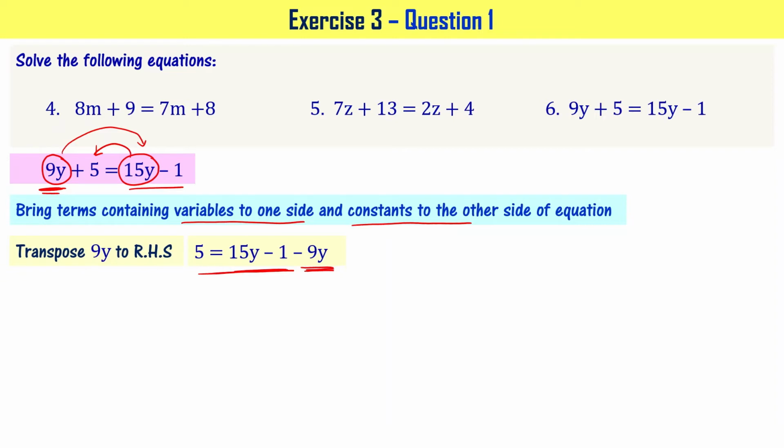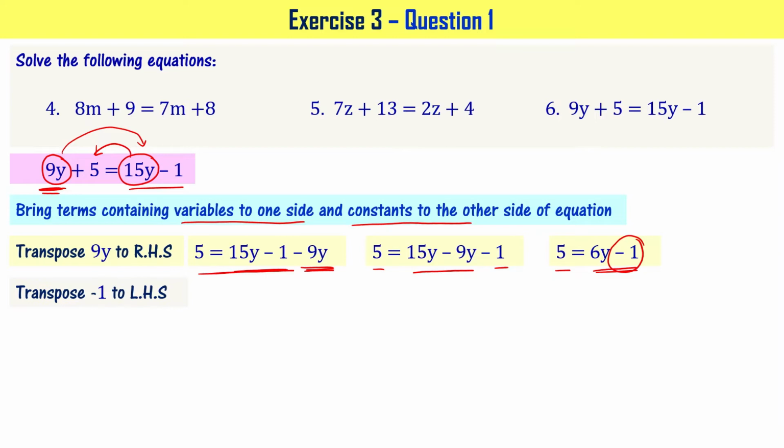Let me rearrange this equation such that I can write it as 5 equal to 15y minus 9y minus 1, right? 15y minus 9y is 6y. That's why we can write the equation as 5 equal to 6y minus 1. Now I can transpose this minus 1 to the other side. When I do that, it becomes plus 1, right?